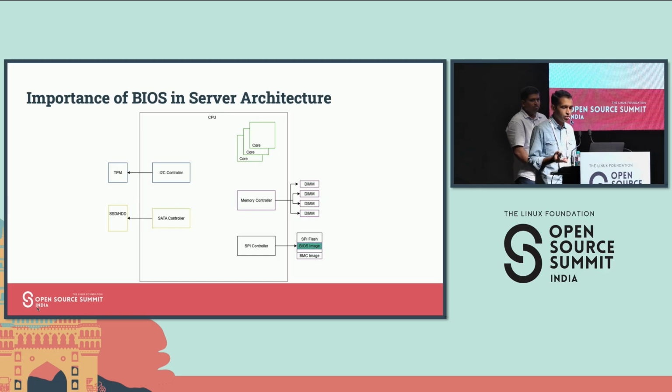You can also see an SPI controller, which is where the BIOS image gets interfaced. SPI, the serial peripheral interface, is the protocol through which the BIOS image gets loaded. BIOS generally sits on a ROM, and that gets loaded through this SPI interface.